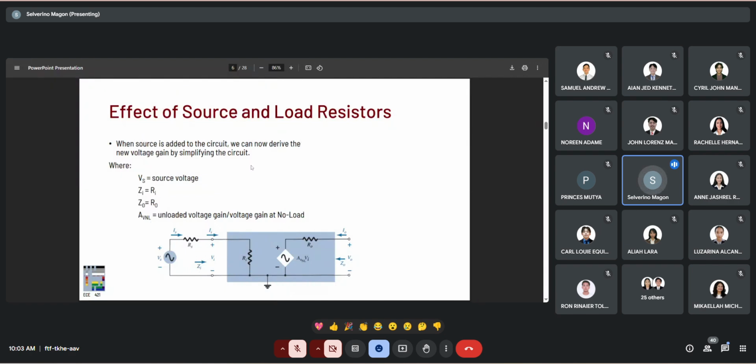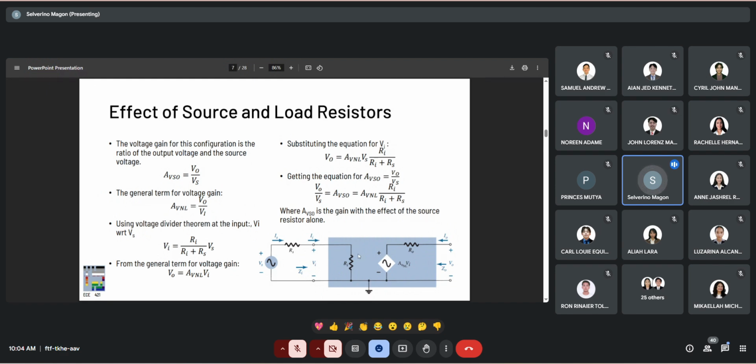Now, when the source is added to the circuit, we can derive the new voltage gain by simplifying the circuit further. So we have the source voltage here and the equivalent Ri as part of the input impedance network, and then RO is part of the output impedance circuit, and then the no load voltage gain is the condition where only the RO is considered.